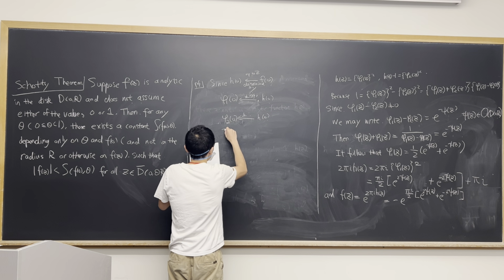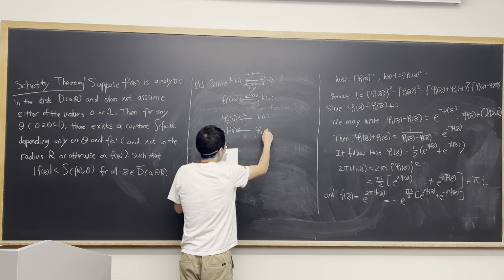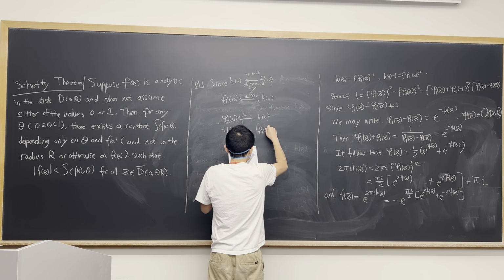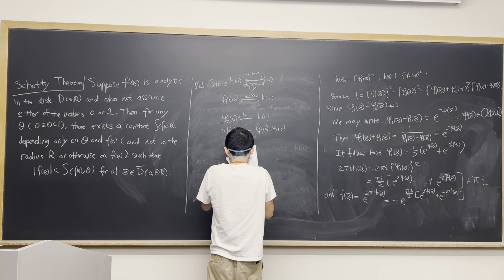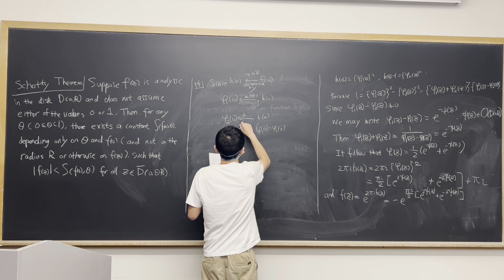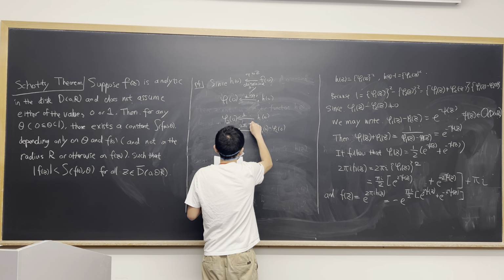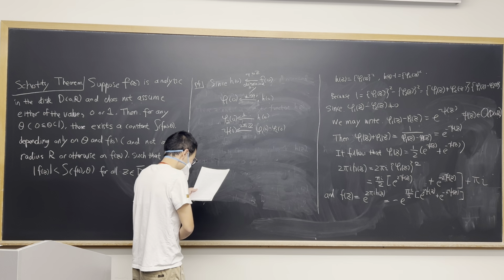And finally, this psi of 0 is determined by phi 1 of 0 minus phi 2 of 0, up to a 2 pi i integer.